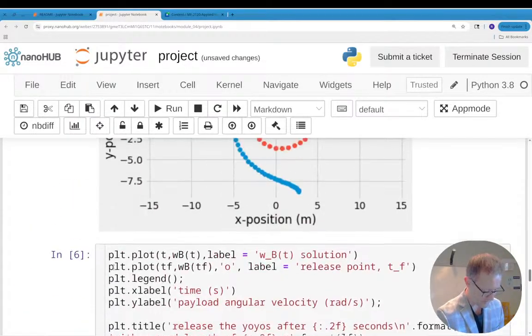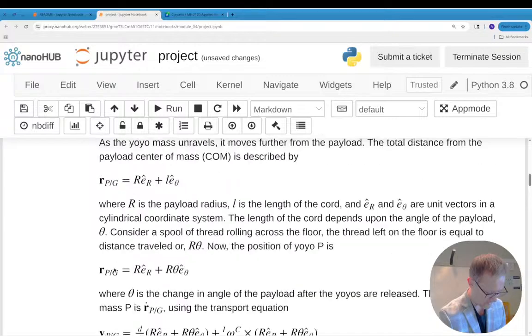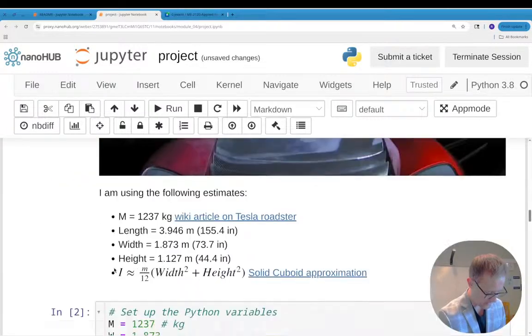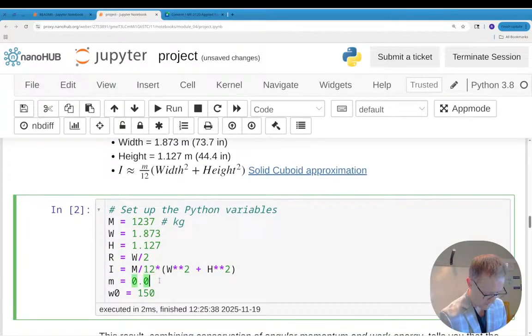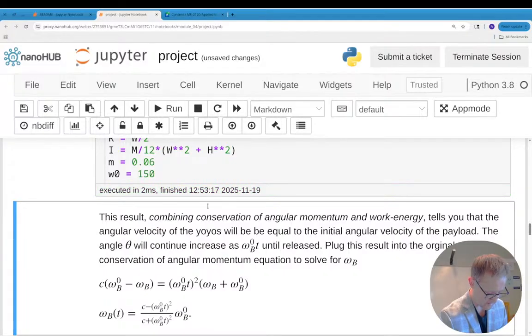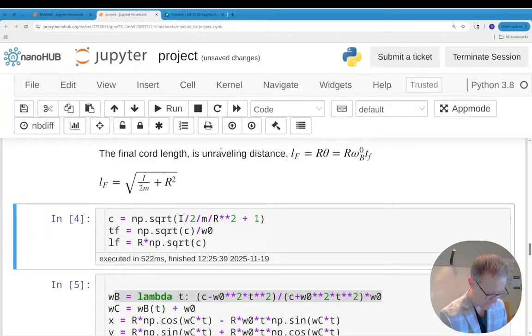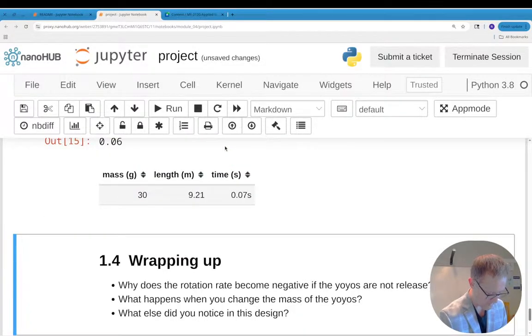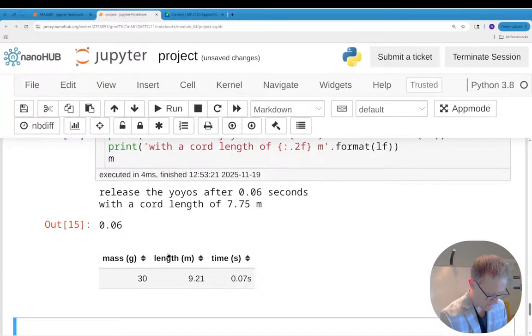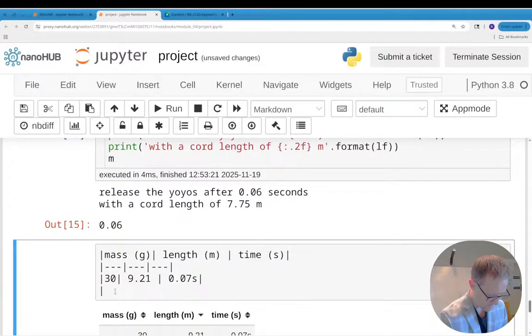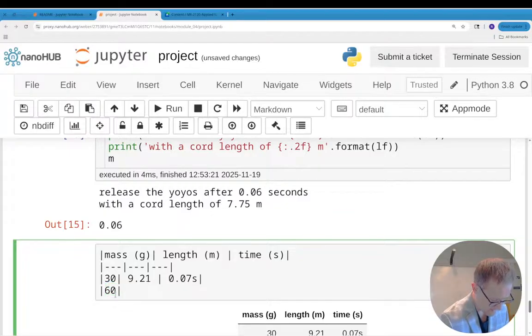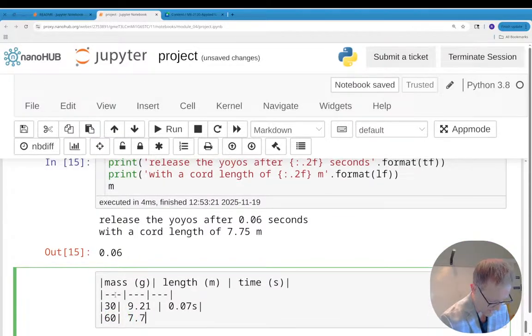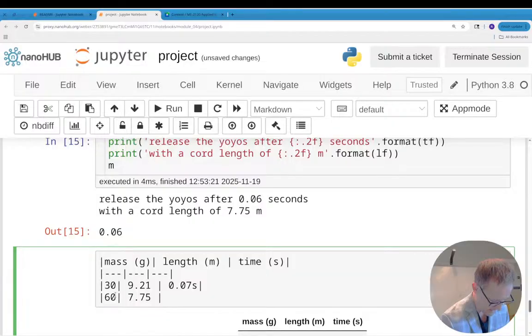And then if I double that, too far, go up to 0.06 and just run through. Now I've got 60 grams, 7.75 meters, and 0.06 seconds.